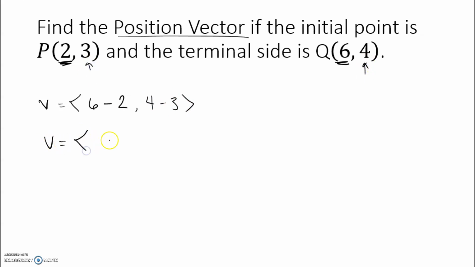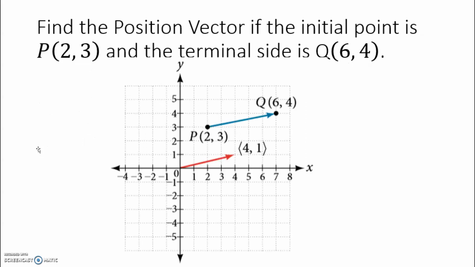This will give me 4, 1. So this would be the position vector, which would look like this right here. We had PQ right here, and to make it a position vector, we just slid it down until it touched the origin, and then it went out to point 4, 1.